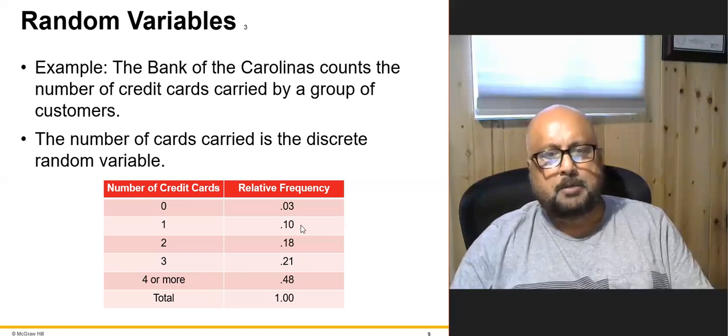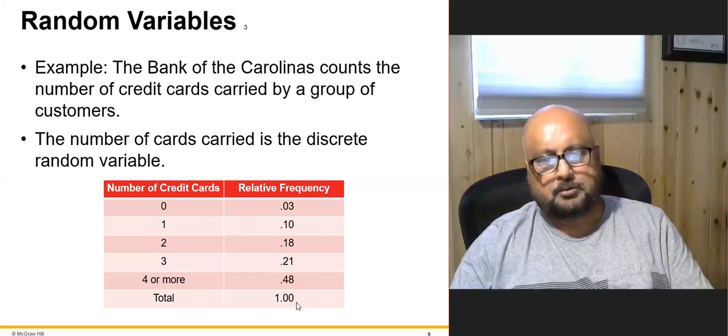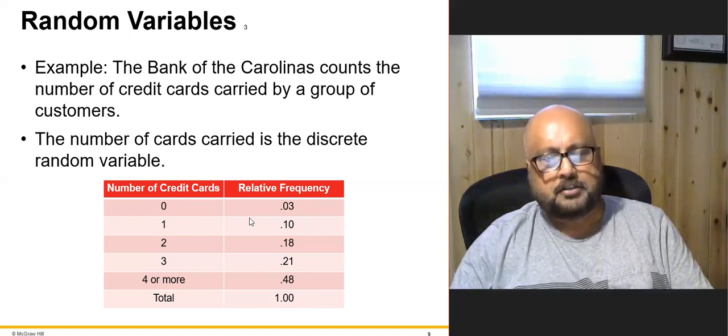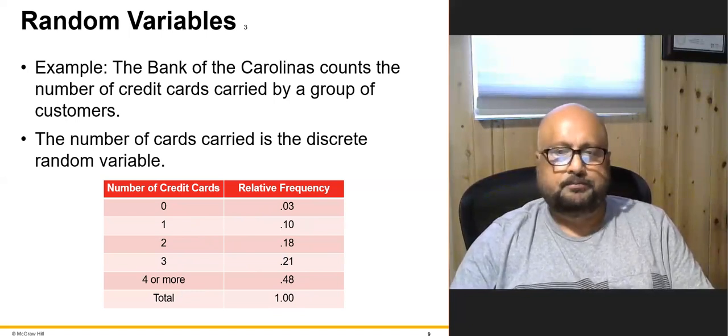And here is the probability of each type of person. So again, when you add this up, it adds up to 1. This kind of situation is an example of discrete random variables. So you have only 4 or 5 or maybe 10 values, but you can easily count them.